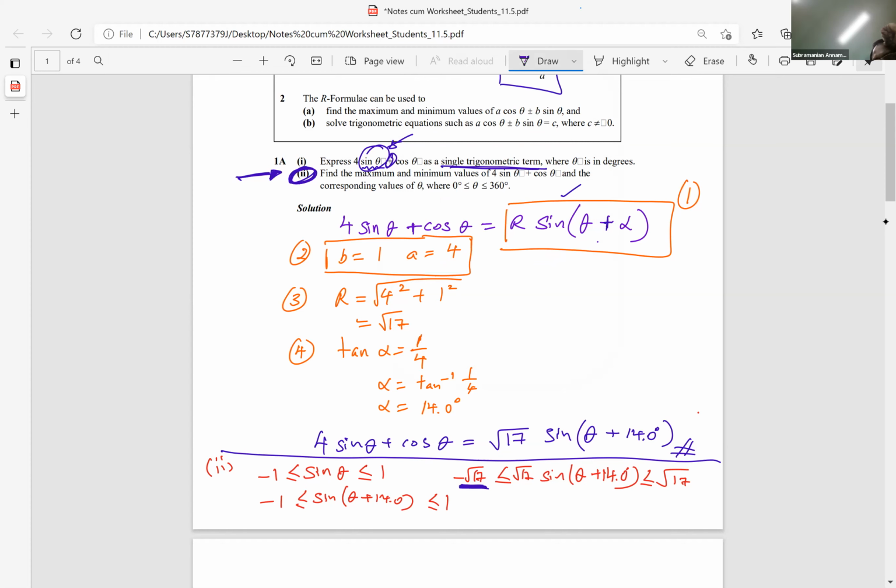Can you check this? So I multiply this and this because of the inclusion of this. So this will become your minimum value. This will become your maximum value. Understand or not?